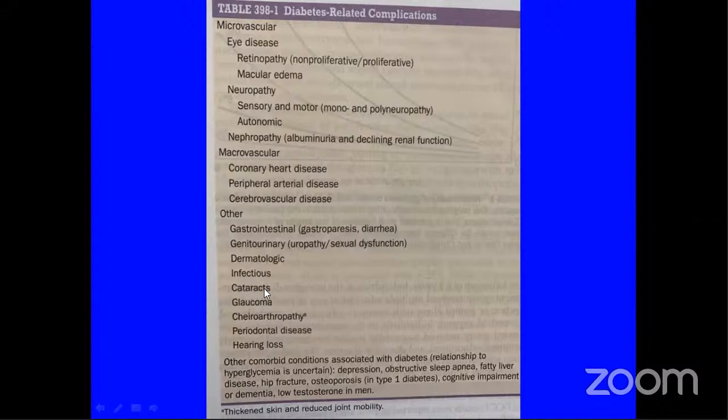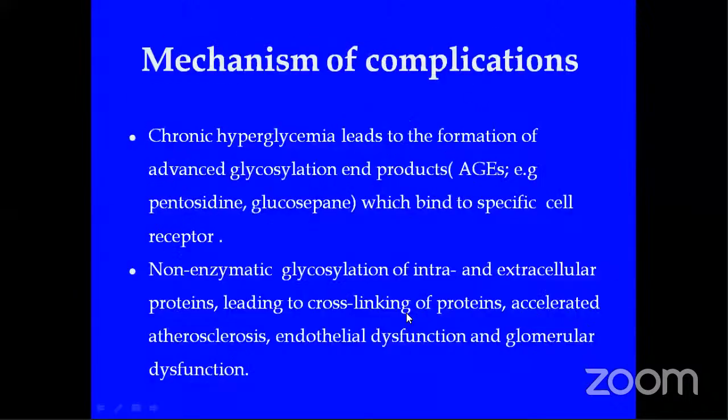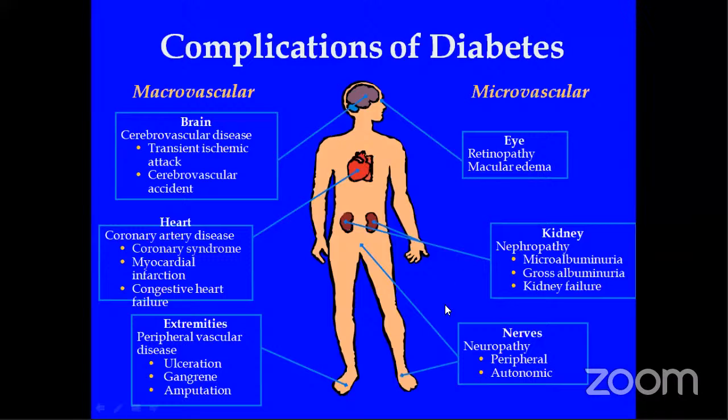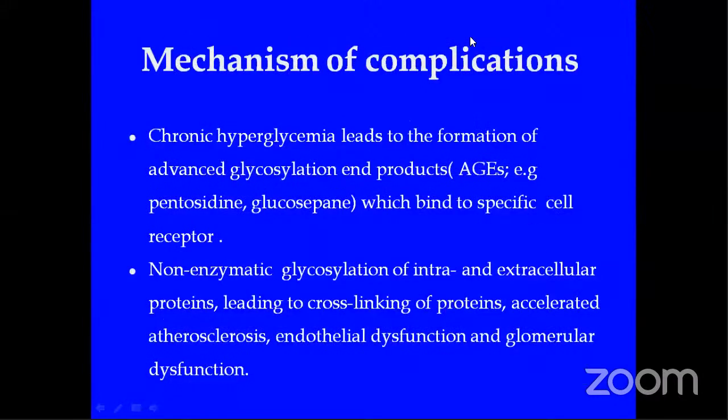The causes of blindness are cataract and glaucoma, and then hearing loss, and a lot of other diseases associated with chronic long-standing diabetes, like fatty liver, hip fracture, osteoporosis, and a lot of associated comorbid conditions. So these are the chronic complications. And then we'll discuss why all these complications occur.